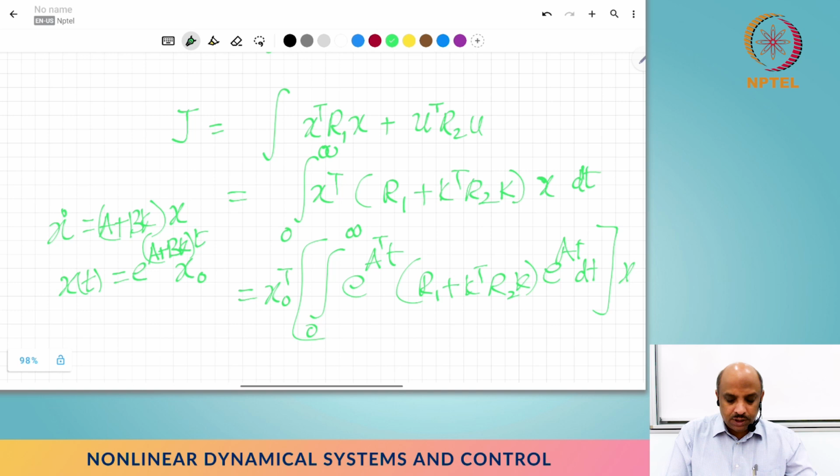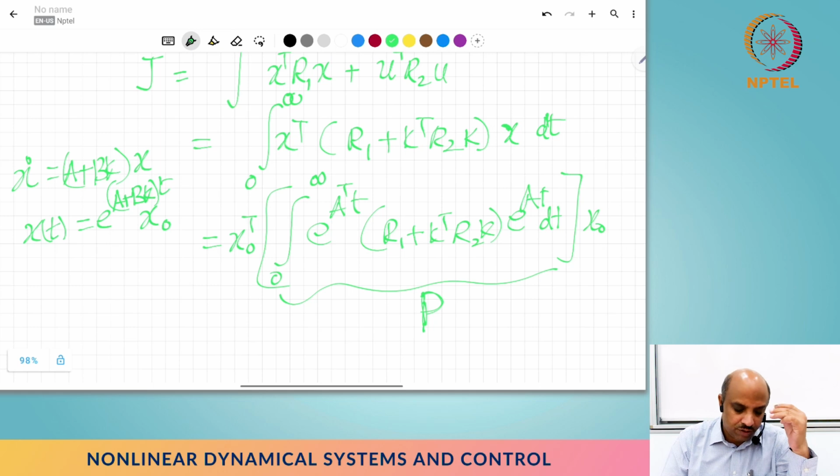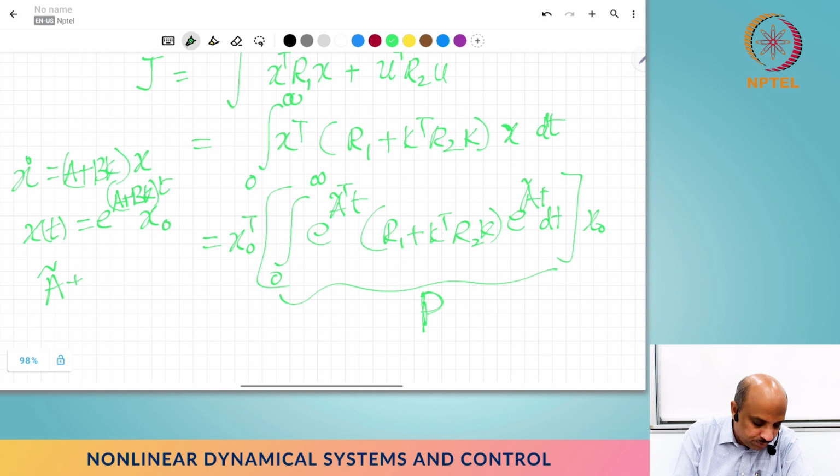and this whole thing times x0. The claim is that this is a well-defined integral, and therefore I'm going to give it a symbol, P. Moreover, if R1 and R2 are positive definite, or at least R1 is positive definite, then this can be shown to be positive definite. The second aspect is that A tilde is A plus BK.